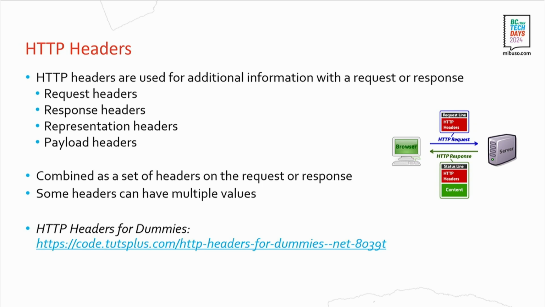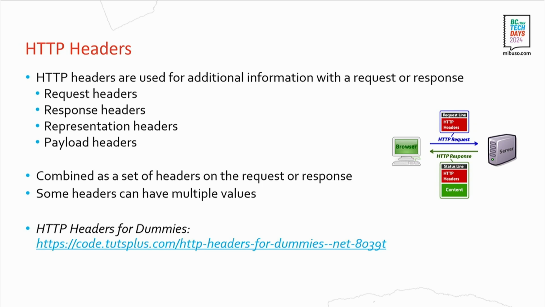HTTP headers are used for additional information with a request or a response. And we have different header types. And you probably are already used to the term request headers and response headers. But we have also something called representation headers and payload headers.